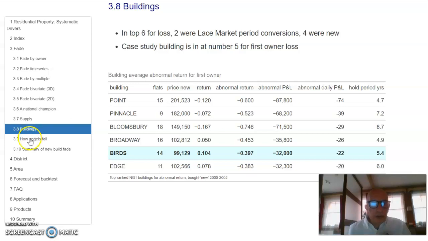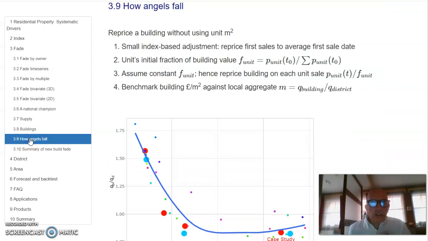Now to look at buildings in detail, we need to adapt the analysis slightly so we don't use unit square meters, since those are noisy measures, and we make minimal use of the index. So all first sales in the case study building occurred in Q1 of 2002, that's approximately at the same time.